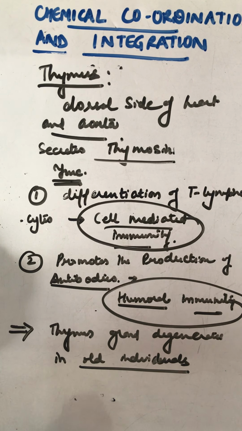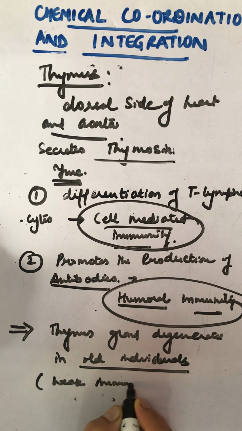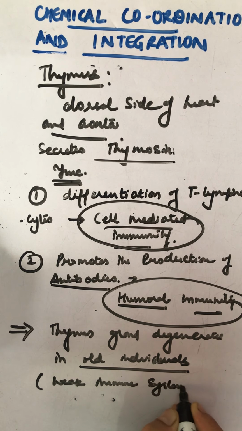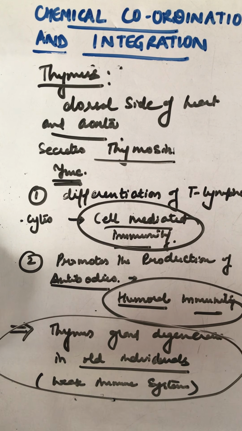That's why they have a weak immune system. Their weak immune system is all because of the degenerating thymus in the old age. And babies too, below 10 years of age, they also show a very weak immune system, all because this is not well developed. Right?